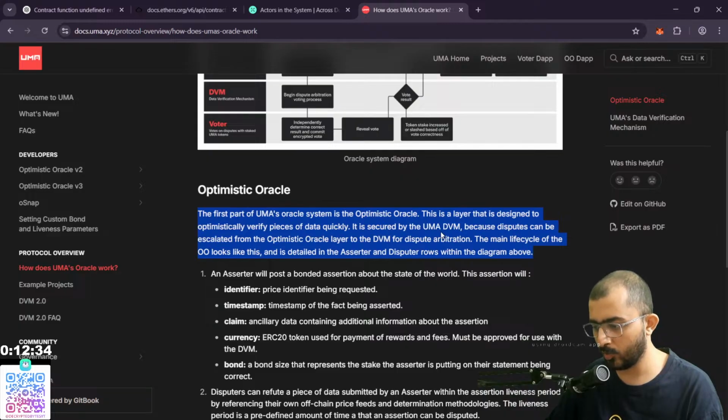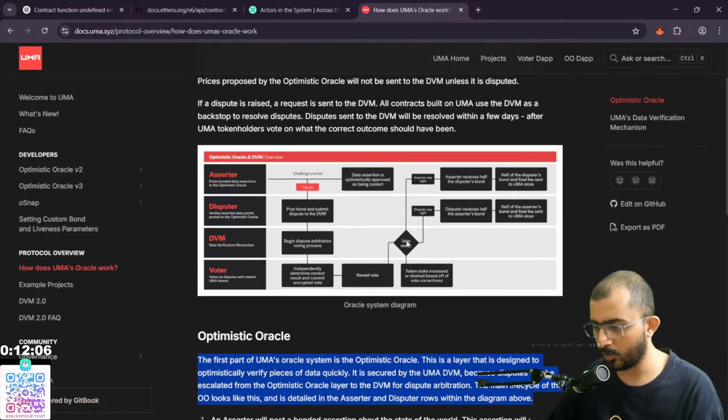It is secured by the UMA DVM because disputes can be escalated from the optimistic oracle layer to DVM dispute arbitration. The main life cycle of the optimistic oracle looks like this and is detailed in the asserters and disputers roles within the diagram above.